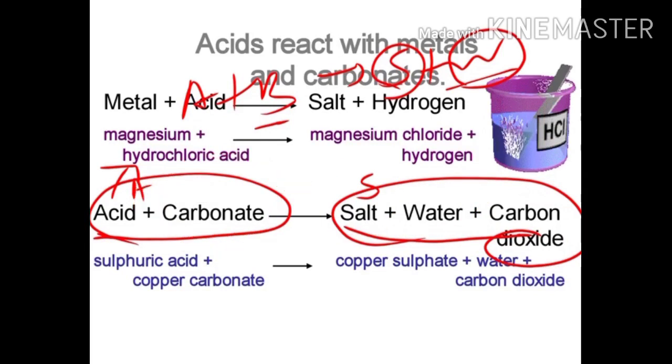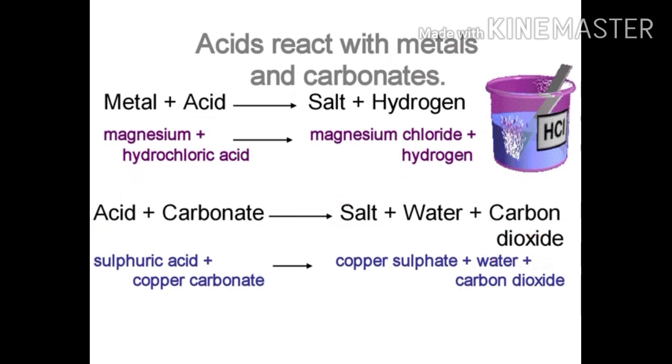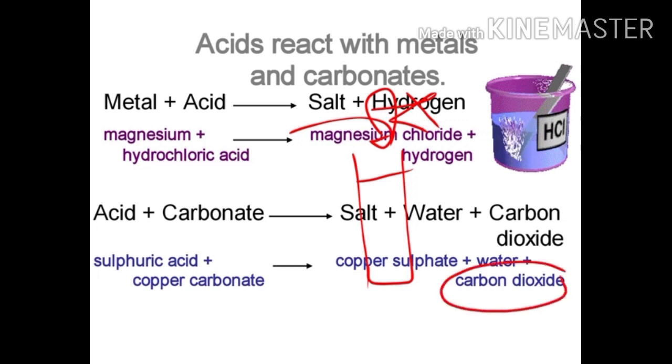I told you, if you bring the burning splint near the mouth of the test tube where the gas is coming out, the splint will get extinguished. Why is it getting extinguished? Because of the carbon dioxide gas. That is one part. So this was the basic reaction.